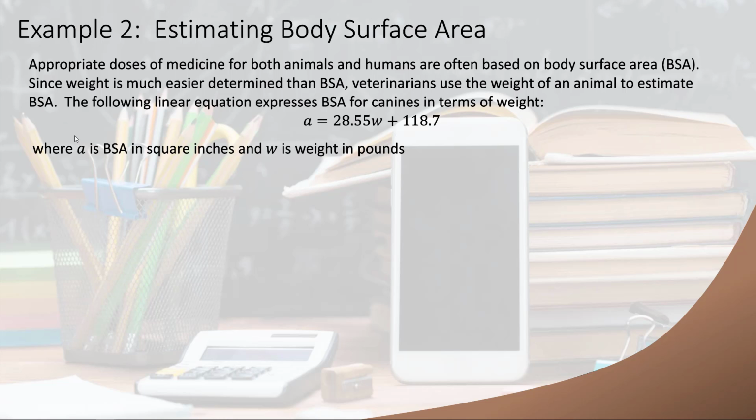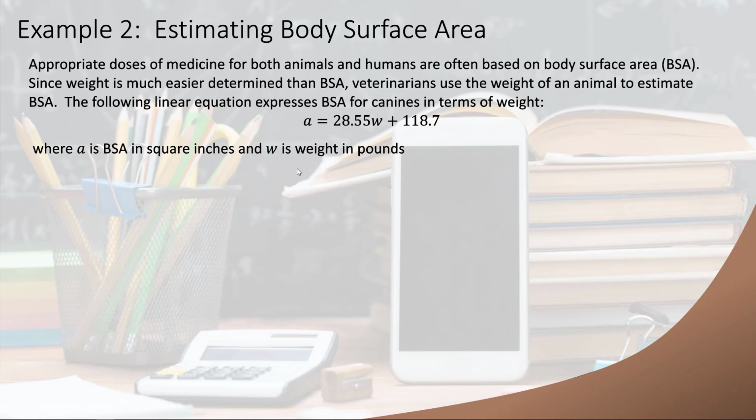And they apparently have very different relations for different types of animals. So the following linear equation expresses the BSA for canines in terms of weight: A is equal to 28.55 times W plus 118.7, where A is the BSA in square inches and W is the weight in pounds.